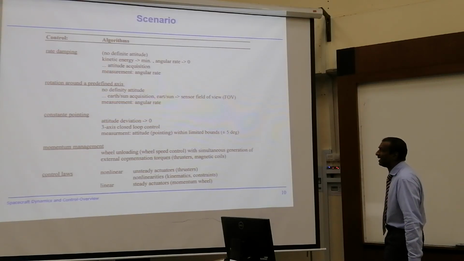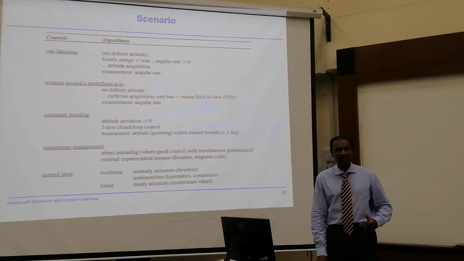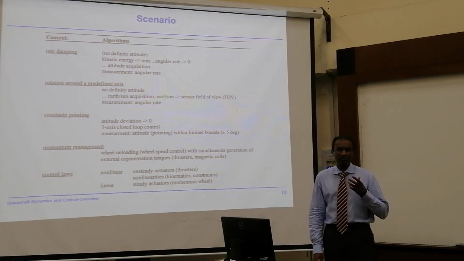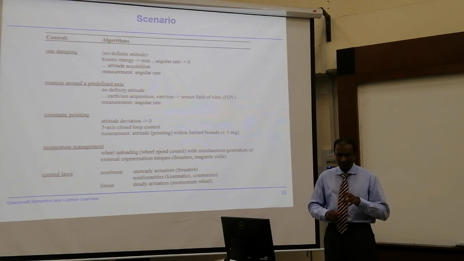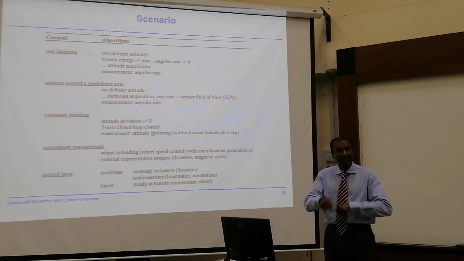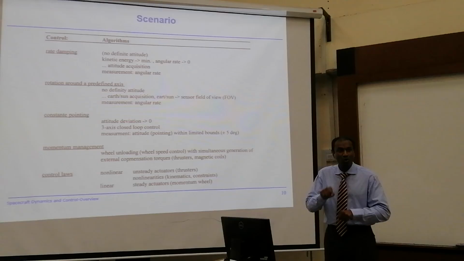Rate damping. Why rate? We will do an exercise later. When you want more torque, there must be a change of speed. Let's say you are cycling at constant speed. But if you want to increase the speed, you need to cycle faster. That means you have to give more torque.